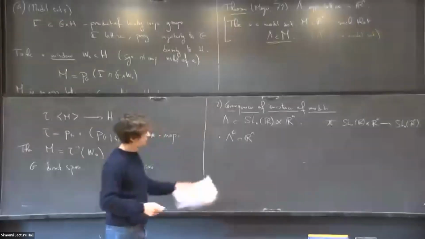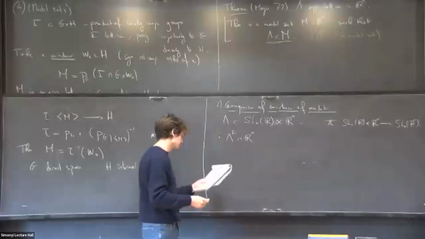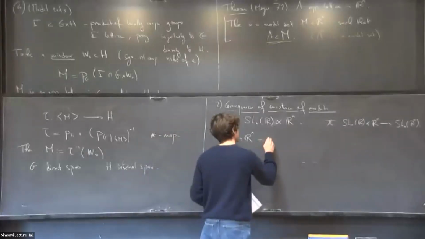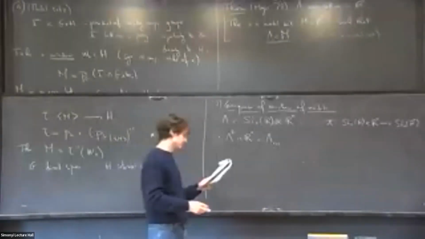So this is a subset of Rn. I see Rn as this normal subgroup that I'm going to denote lambda rad, because it's in the radical of my group.